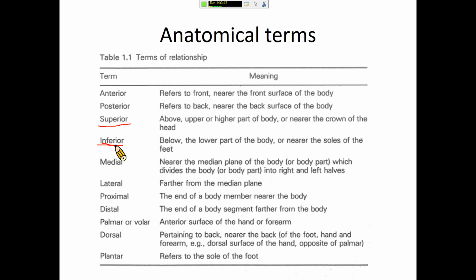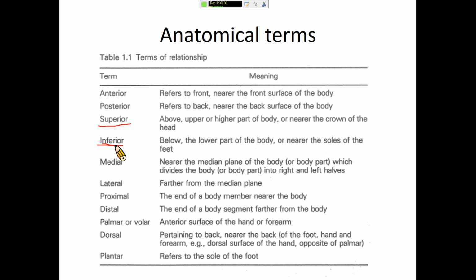Okay, so that's superior, inferior. Else: medial, lateral. Medial means near the median plane, near the sagittal plane, towards this. Lateral means away from the median plane.